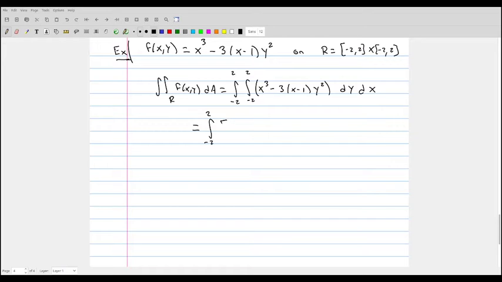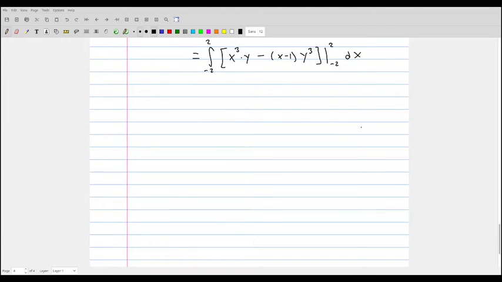So the antiderivative of this function with respect to y is going to be x cubed times y minus 3 times x minus 1 times y cubed over 3, which is just x minus 1 times y cubed. This is evaluated from 2 to -2 from the fundamental theorem of calculus for single variable functions.